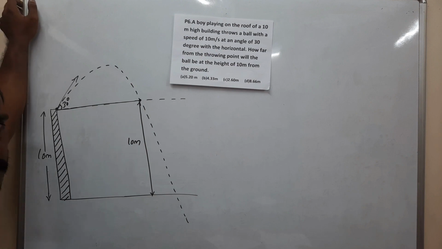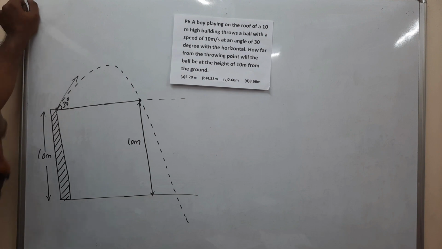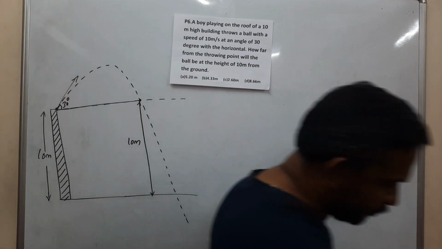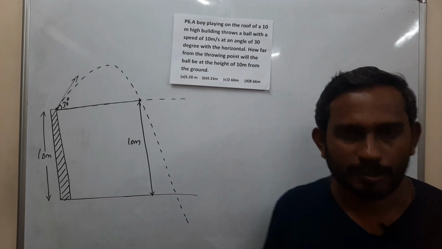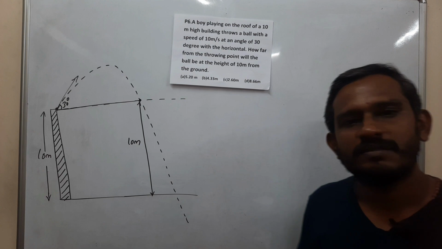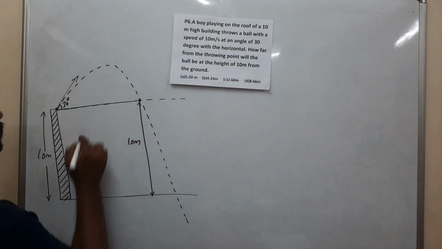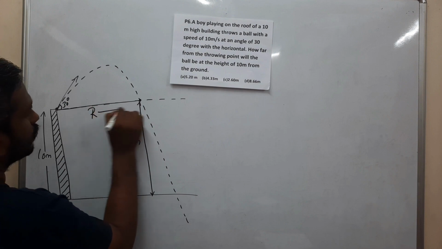So this is nothing but projectile motion, similar to projection of a ball at an angle to the horizontal. It is the range of the projectile that we have to find.